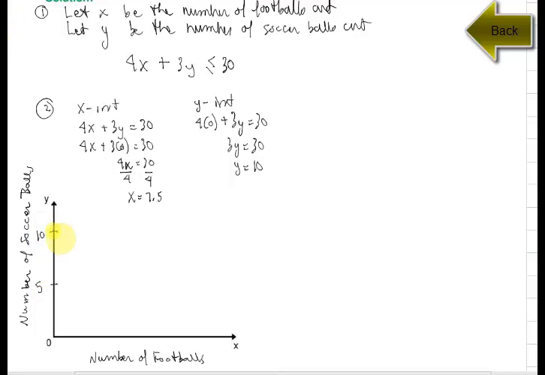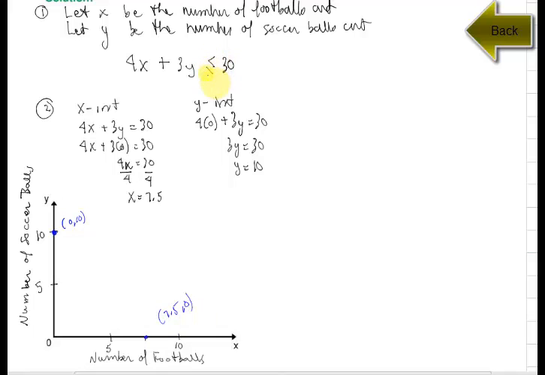So I'm going to graph a point at 10. Okay, and I know that my x-intercept is at 7.5, so let's make this 10. So 7.5 is around here. Okay, so I will graph that. Oops, sorry, 7.5 and 0. And then I have to draw my line.